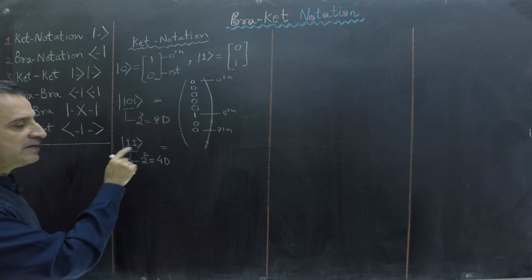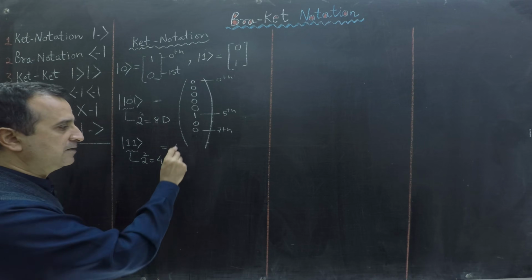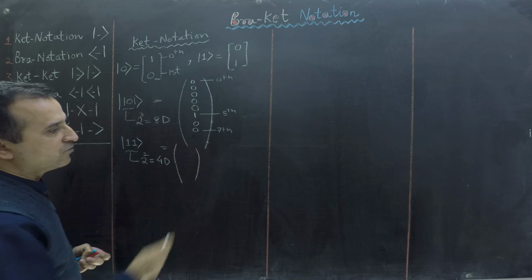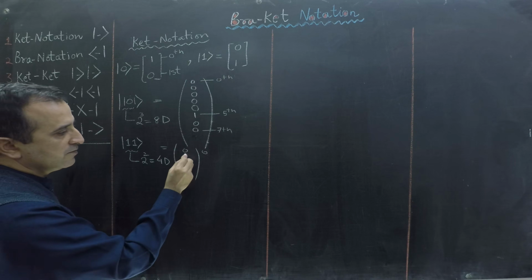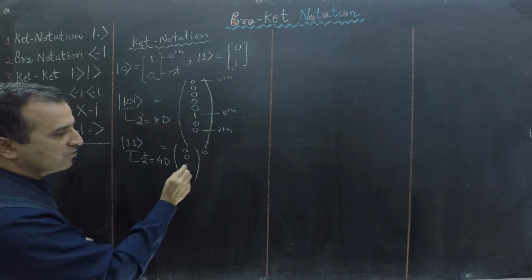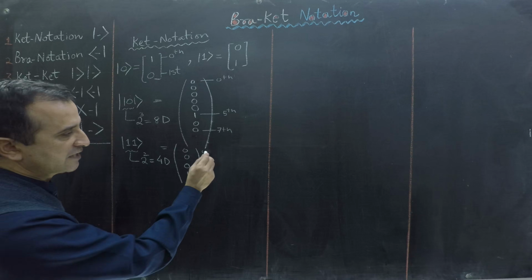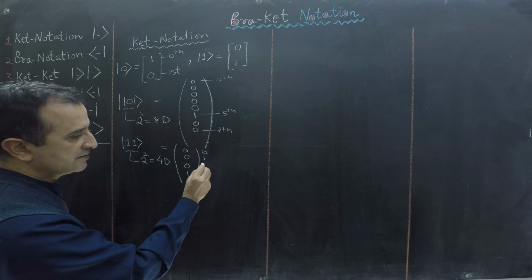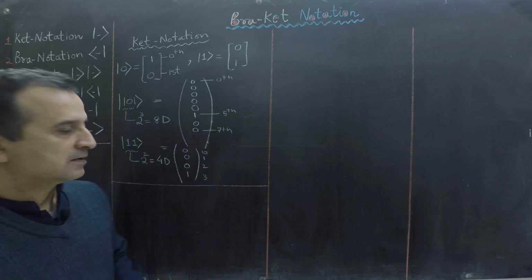And because 1, 1 represents 3, so the third location will have 1 in it. Once again, we have to start counting from 0. So 0 on the 0th location, 0 on the first location, 0 on the second location and 1 on the third location. This was our 0th element, this was first, second and this was our third element.